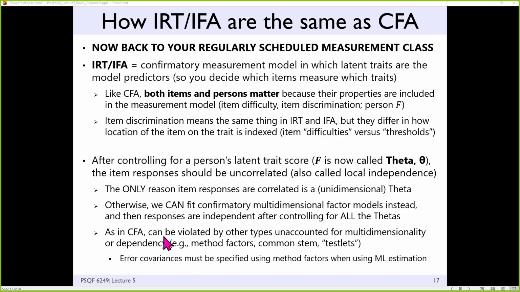And just as in CFA, we need to find ways of accounting for unintended multidimensionality. So negatively worded items being more correlated, for instance, items that have very common specific content being more correlated, or what's known as a testlet in the educational testing literature. Have you heard this term before, maybe? Like if you say, okay, everybody read these 2 paragraphs, now answer 5 questions about what you just read. If somebody doesn't understand the paragraph, they're going to tank all 5 questions.